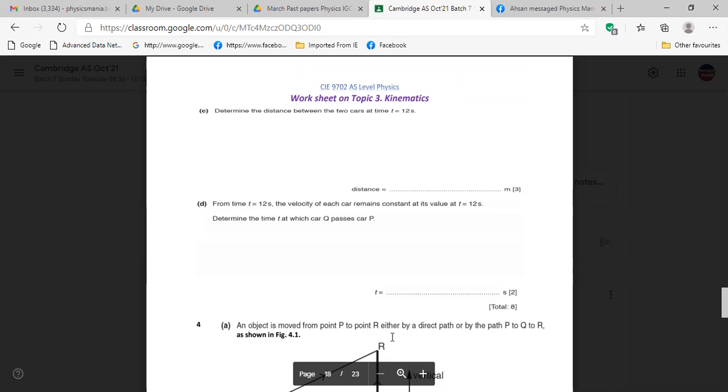Do it quickly. For P, what will be the area? Will it be a triangle or trapezium? Trapezium. Okay, very good.